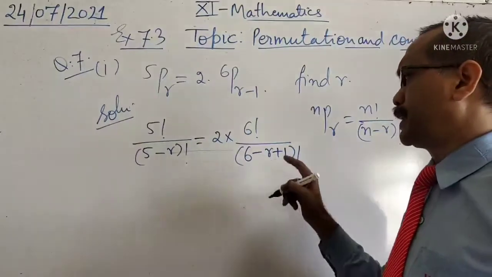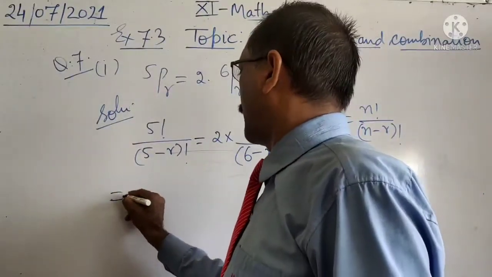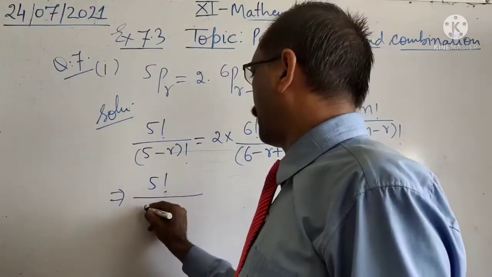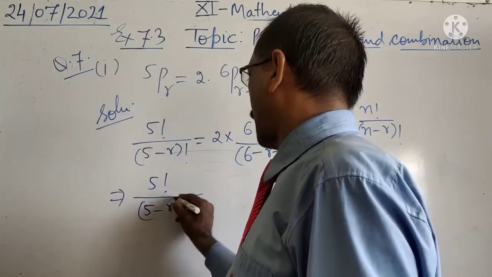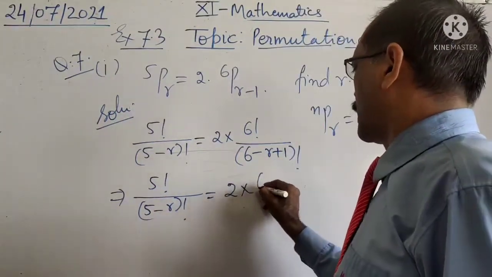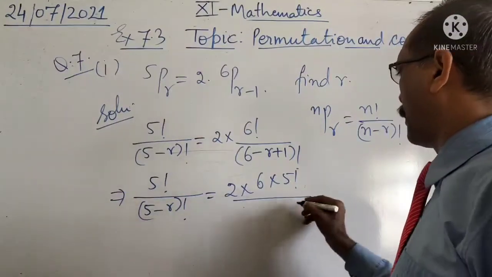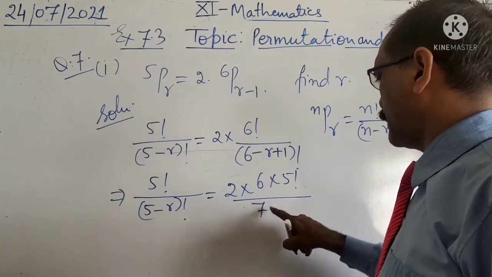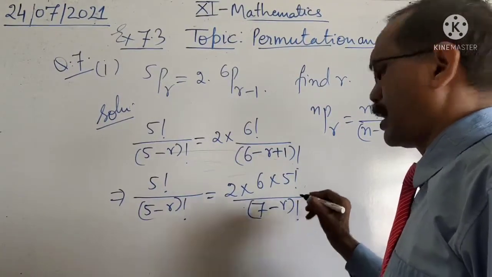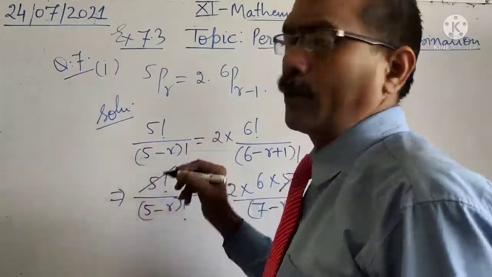Here the sign will change. Now it becomes 5 factorial upon (5 minus r) factorial equal to 2 into 6 into 5 factorial upon (7 minus r) factorial. 5 factorial is cancelled out.